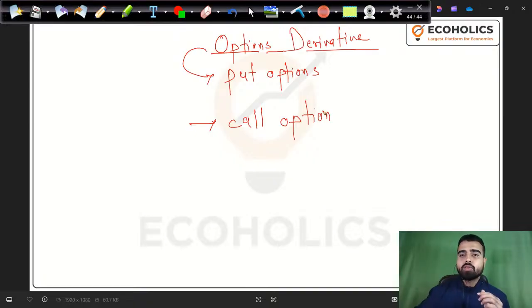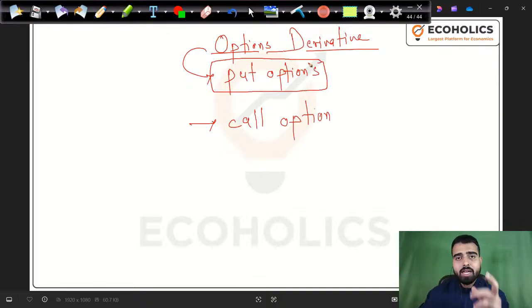Now under the put options, this is an option. First of all, it is an instrument. This put option is a financial instrument or a financial agreement. You can consider it as an agreement paper. There is going to be a person who will be selling this option, and a person who is going to buy the option. It means there is going to be a seller and a buyer.